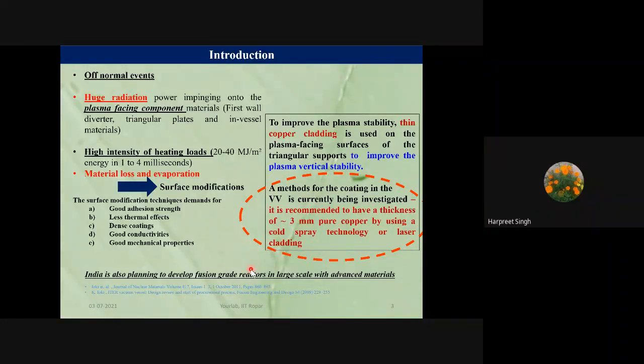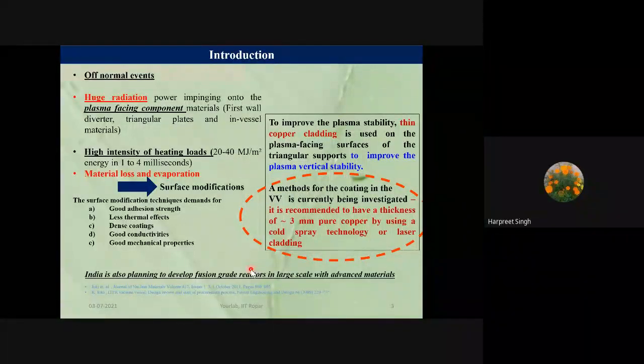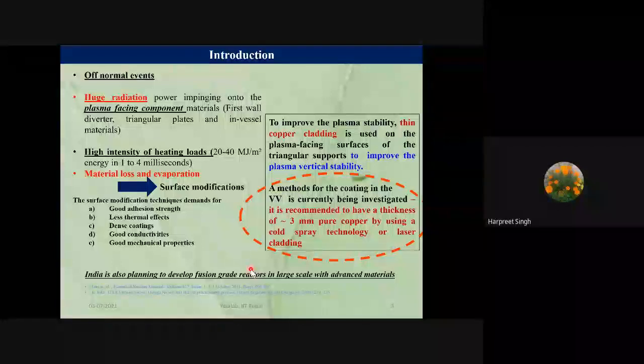We need less thermal effects. We don't want to temper or play with the properties of the stainless steel substrate, and we need very dense coatings. Low porosity means we can have good thermal conductivity and electrical conductivity, and good mechanical properties. Because there will be some kind of load in terms of topological losses also, we want to avoid that.